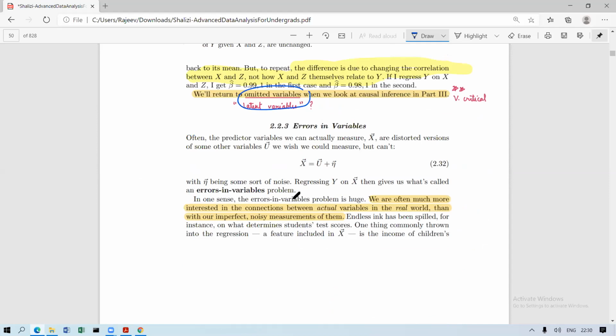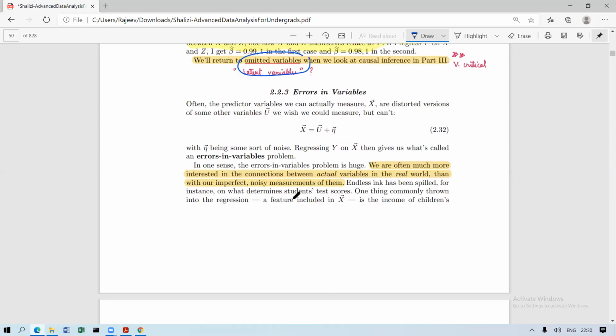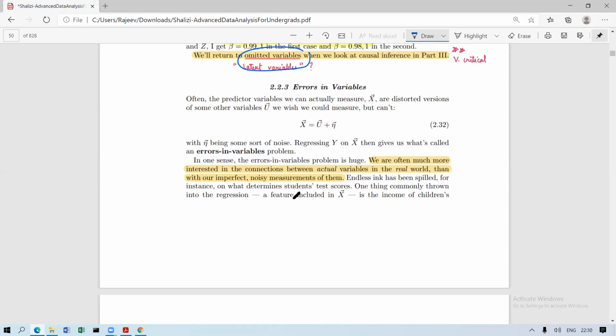So here in errors in variables, what he's trying to say is, first we covered that the optimal predictor depends on the distribution of x. Then we covered that the optimal predictor not just depends on the distribution of x, but it also depends on the distribution of z, where z are the variables that you have never accounted for in your data.